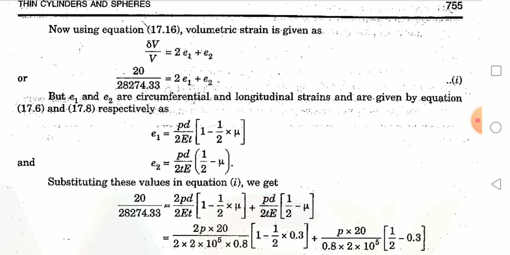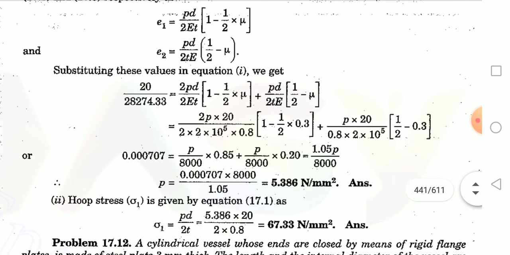Okay, so the value of volumetric strain equals 2 times PD by 2TE into 1 minus half mu, plus PD by 2TE into half minus mu. So the values are to be substituted and finally we can get the unknown pressure P as 5.386 Newton per millimeter square, because every value was already given.